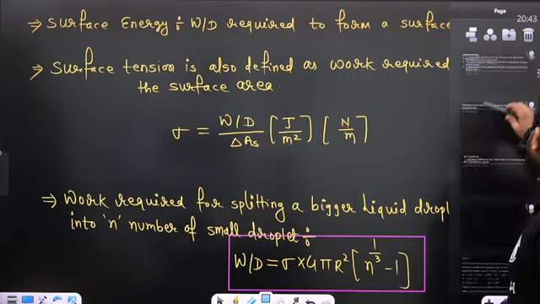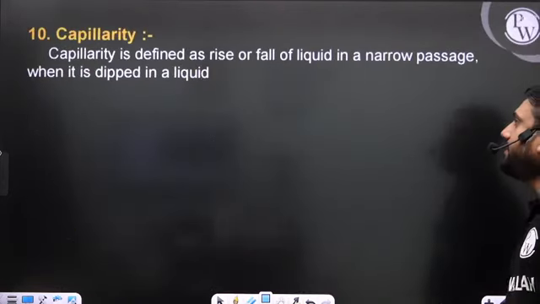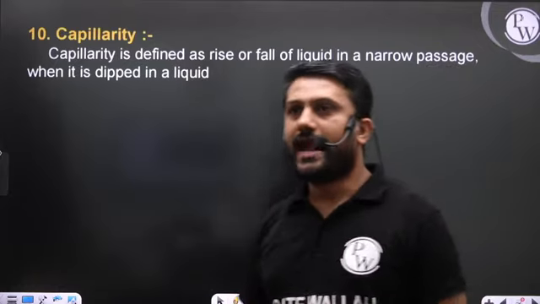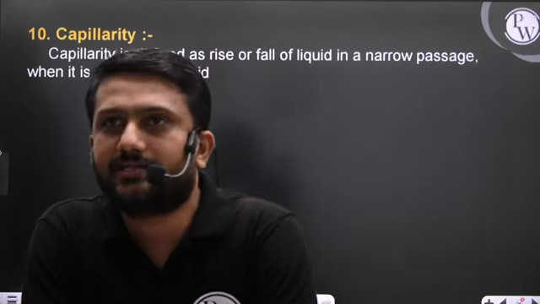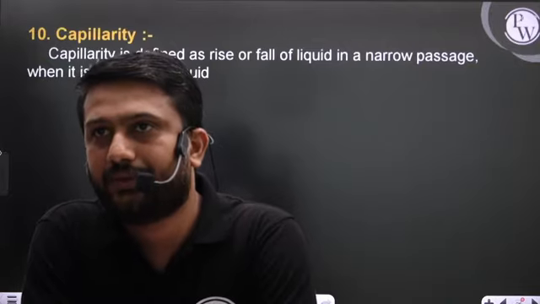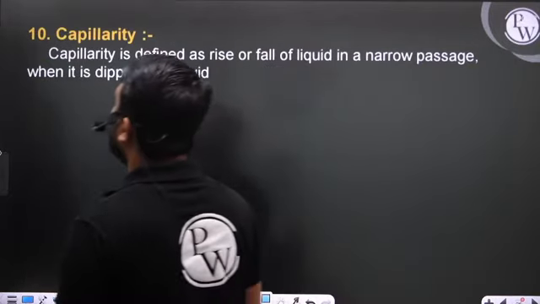Fine, now come to the next property, the next fluid property, which is capillarity. This is the property number 10. So what is capillarity?